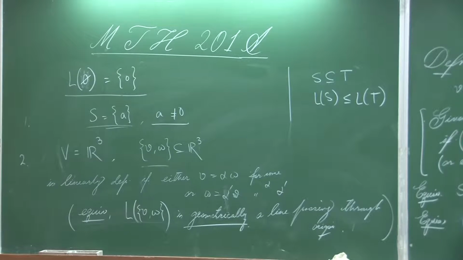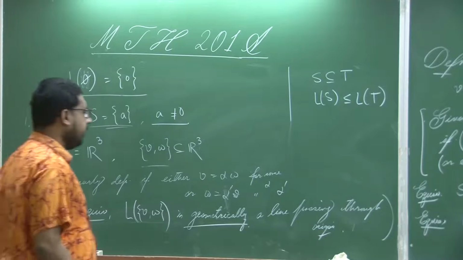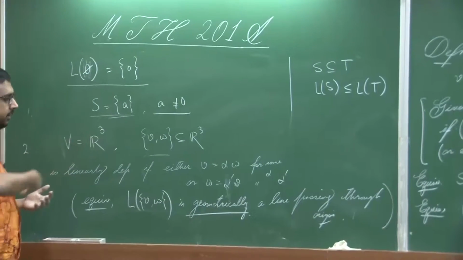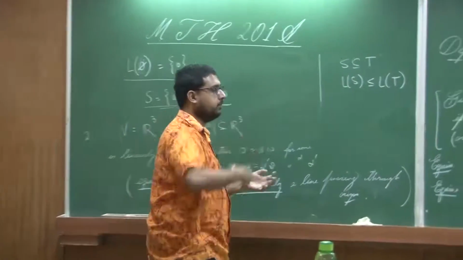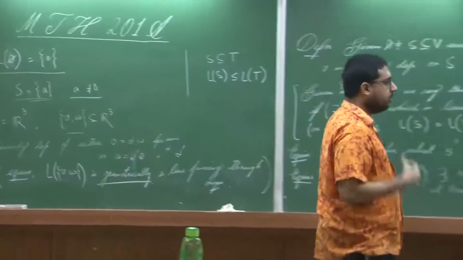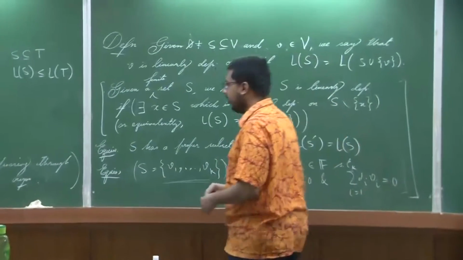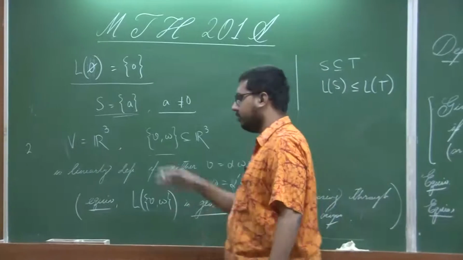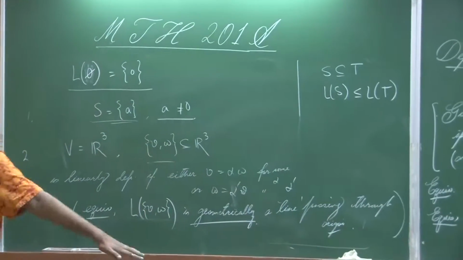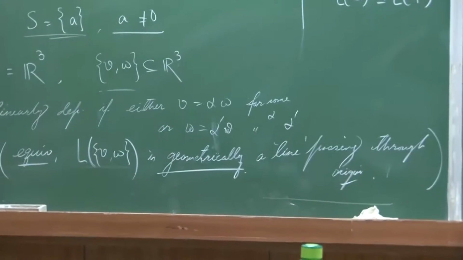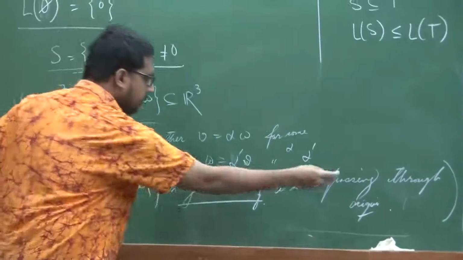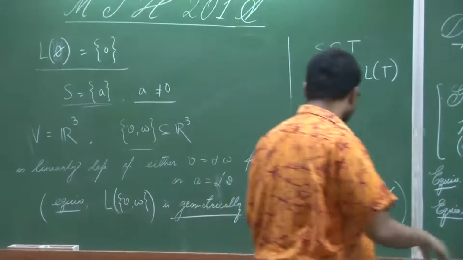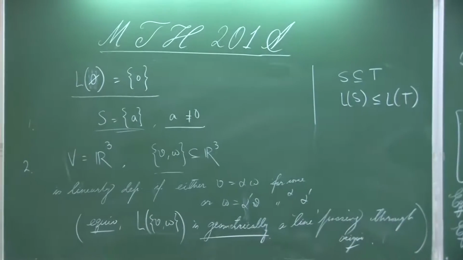Later on we will consider the equations of lines and planes, as you do in analytic geometry, and we will be able to justify this fact rigorously. That is a matter for later.